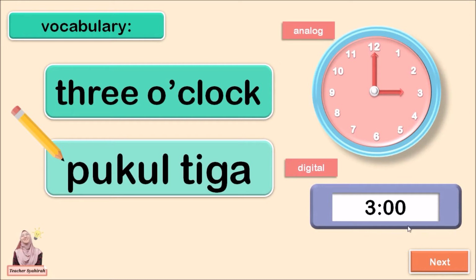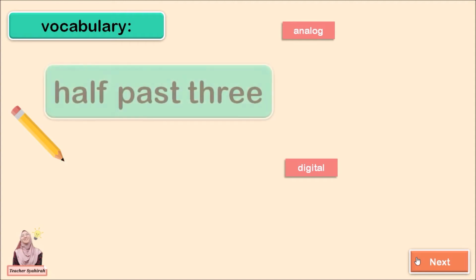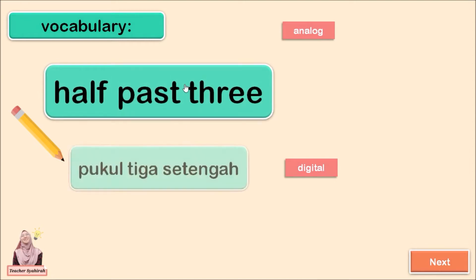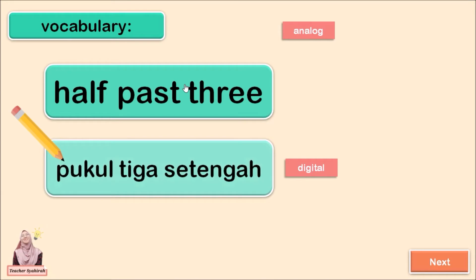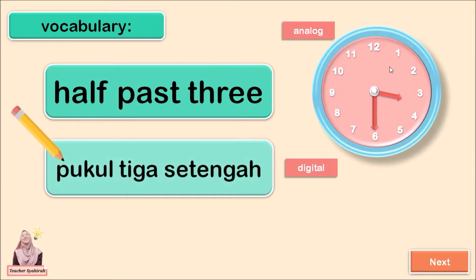3 o'clock. Pukul 3. And then the next one is 3:30. Say it with me. 3:30. 3:30 means pukul 3:30. Okay, so this is what it looks like on analog clock.